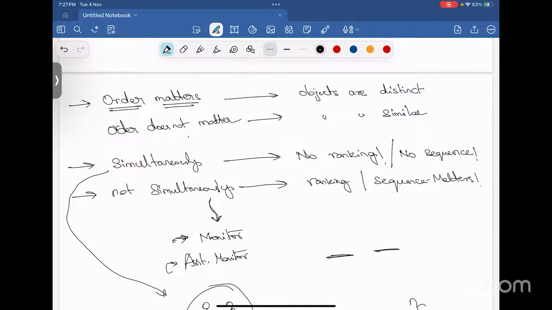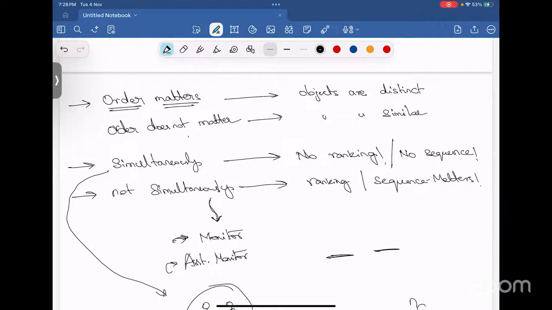If you put 9 in the tens digit, it is different from putting 9 in the ones digit, right? So there order really matters. And also there is a ranking between the places, right?